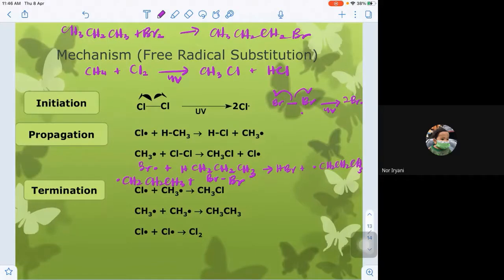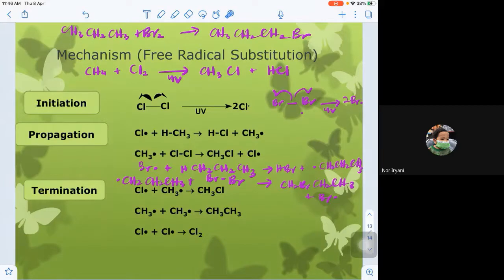One of the bromine attaches to this carbon, another one turns to radical. So the product will be CH2BrCH2CH3 plus Br radical. This happens in the propagation step. I show you another example by using bromine.